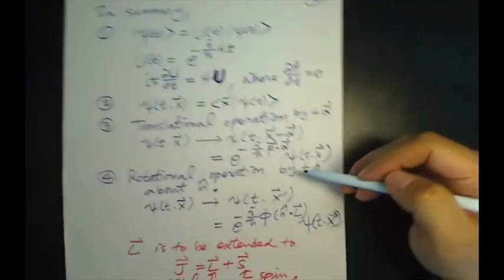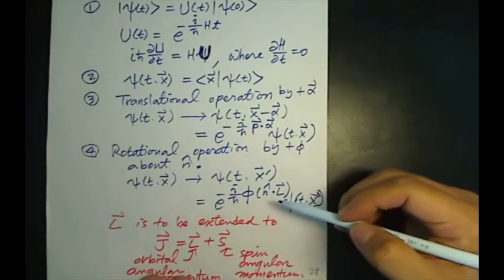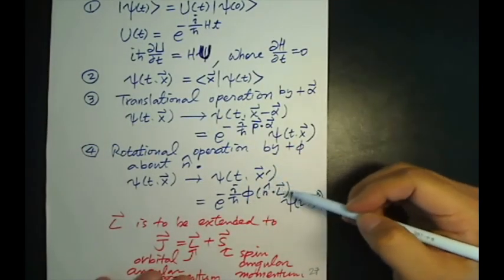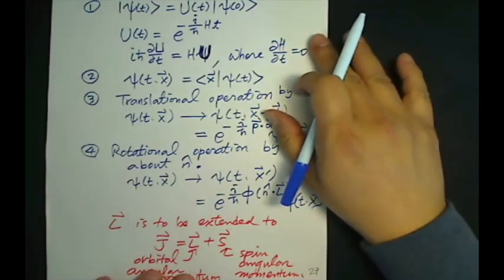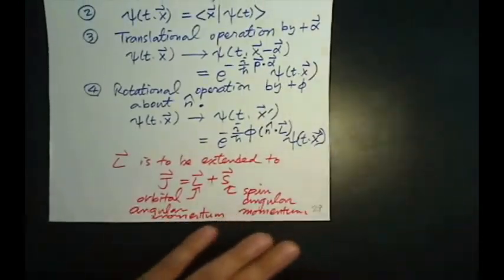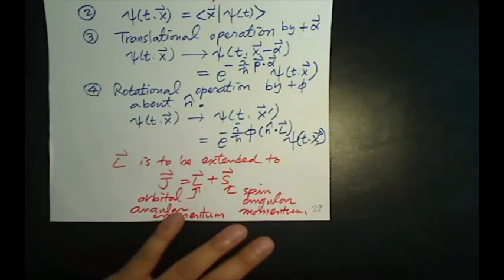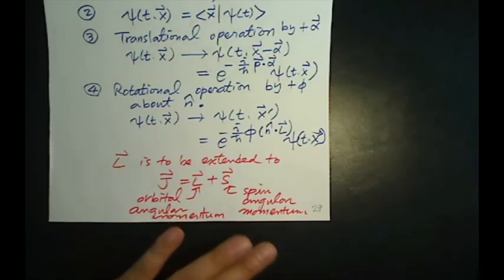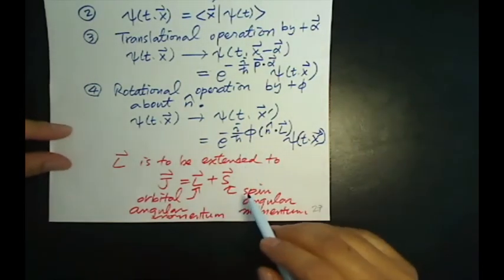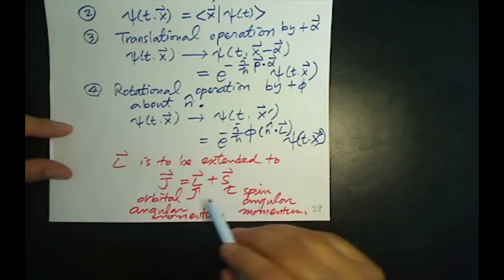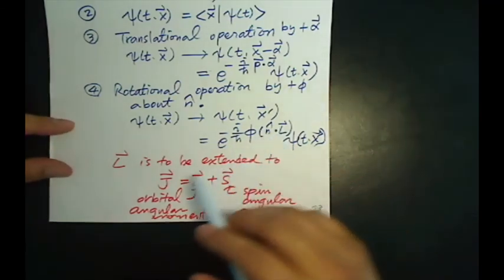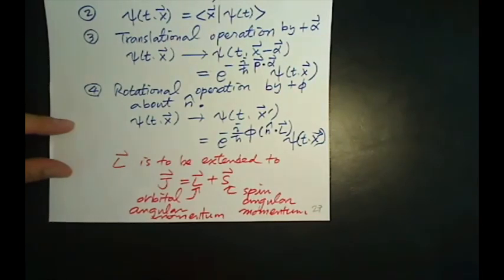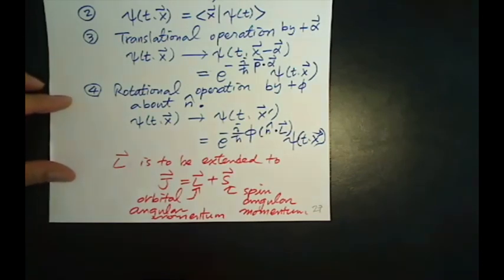The rotational operation can be made with the exponentiated form with a real parameter and the orbital angular momentum operator as the generator of that operation. In quantum mechanics, there exists another angular momentum, intrinsic angular momentum, that is called spin angular momentum. Actually, this orbital angular momentum should be replaced with the total angular momentum, so that we can consider the orbital motion and the spin angular momentum contribution all together. That's it.